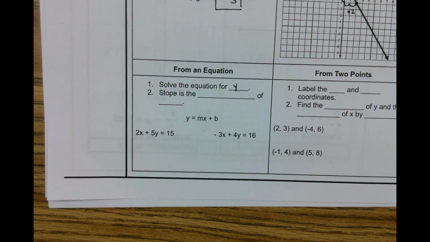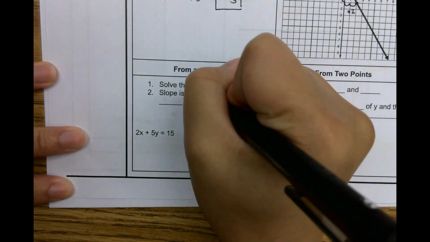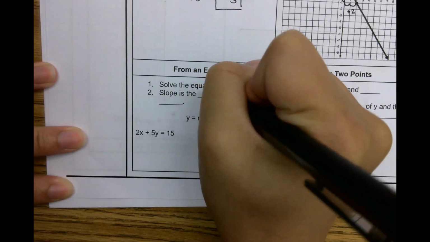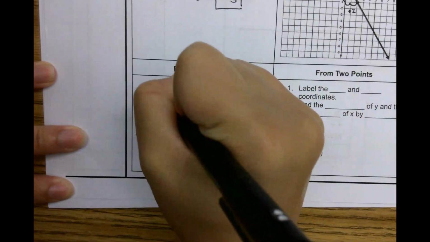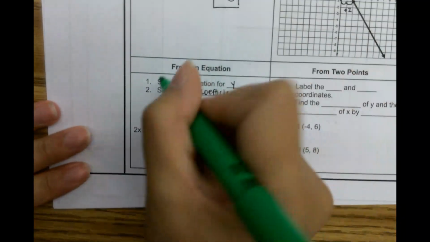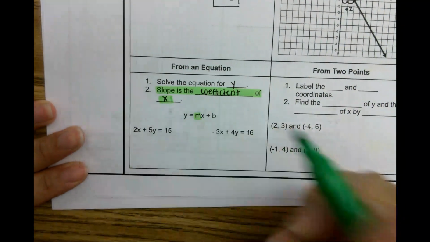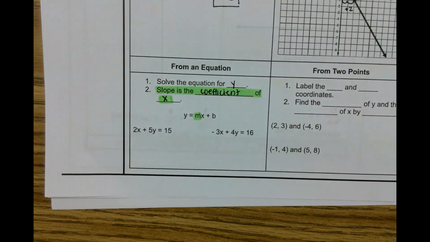Okay, and once we solve the equation for y, slope is the coefficient of x. And what the coefficient means is it's the number before our letter, right? So slope here is the coefficient of x, okay? And so it'd be right here, whatever number that is, okay?